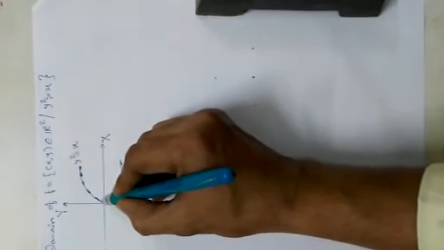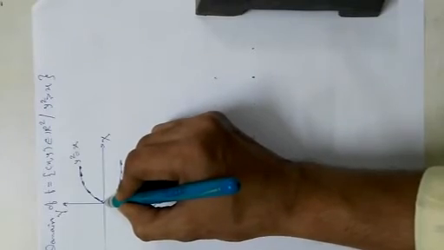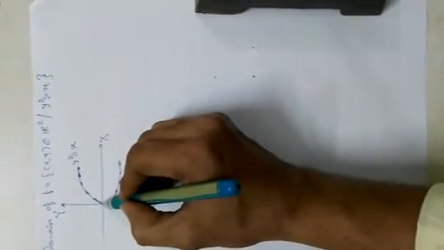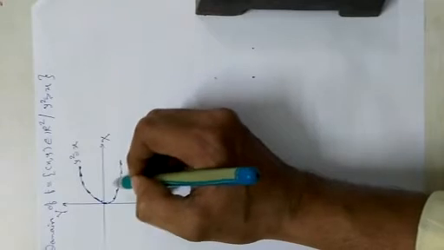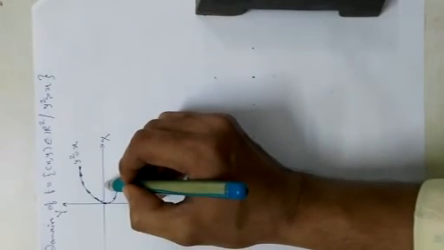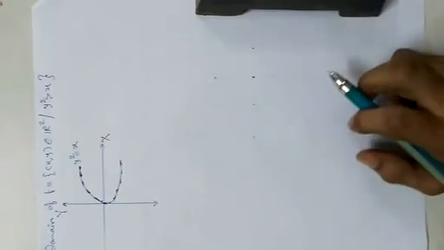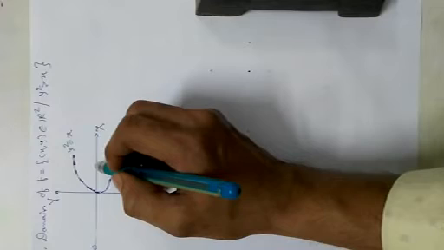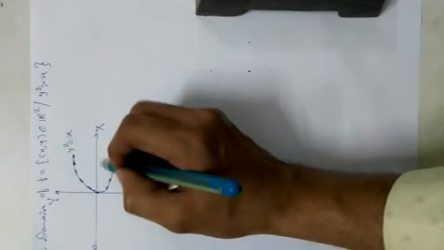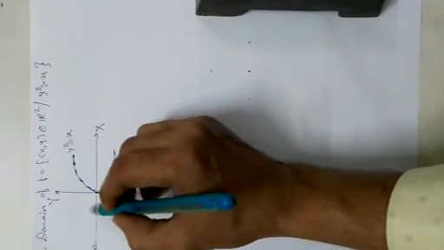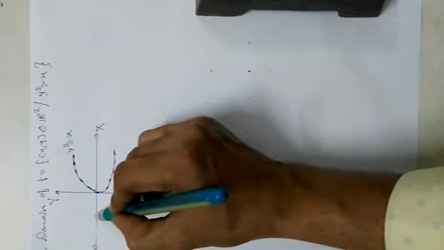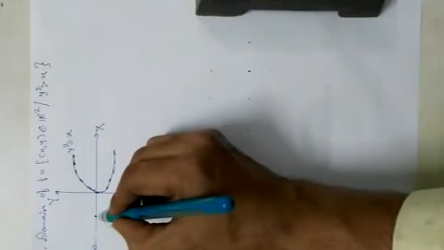Again, now we can't choose the origin because the origin is on the parabola. Take any other point, inner point or outer point of this parabola y square is equal to x. We take a point from the outer part of the parabola.